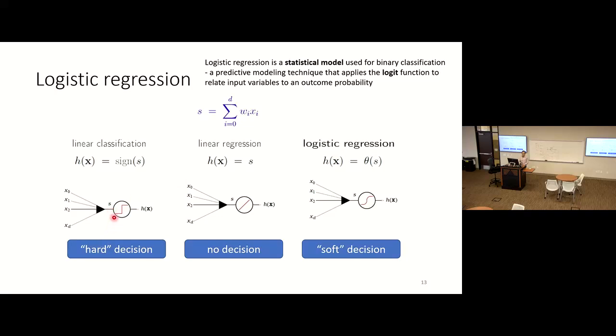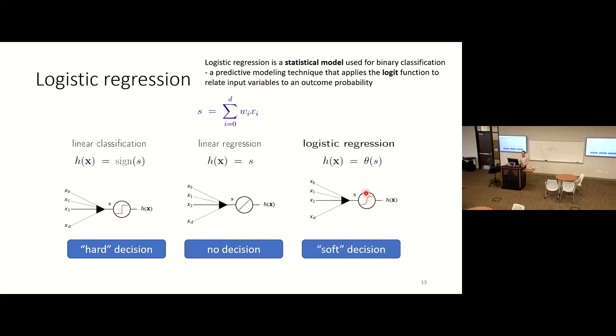In this case, you have a hard decision. Once the dot product value is greater than a certain number, you switch to this category, and otherwise it is the other category. Or you can have a continuous increase toward being the other group.